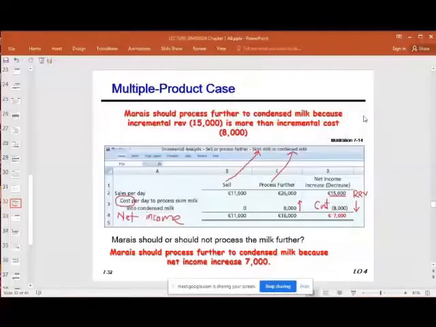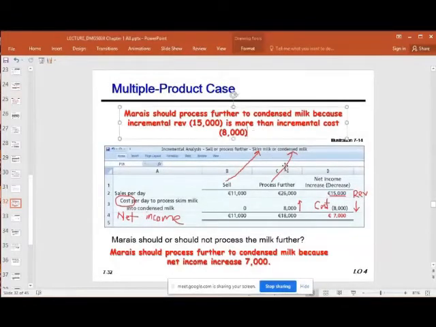Okay, you can also put this answer. Either one.